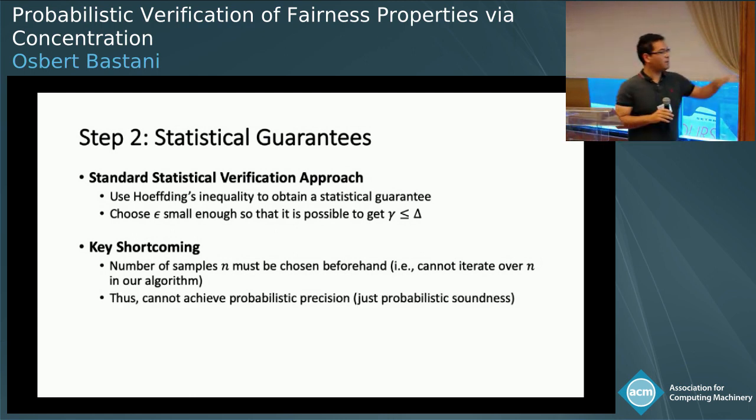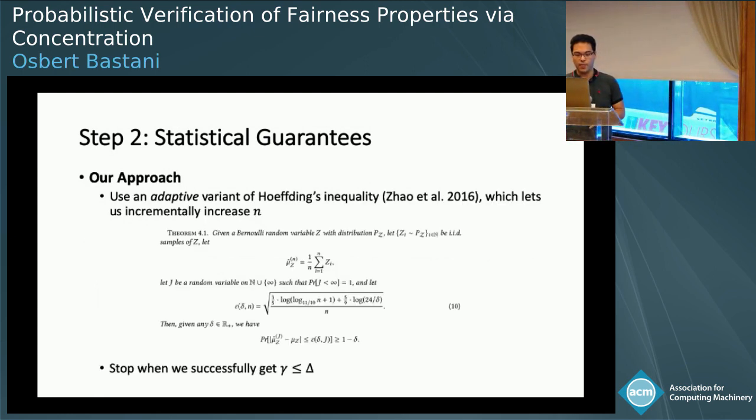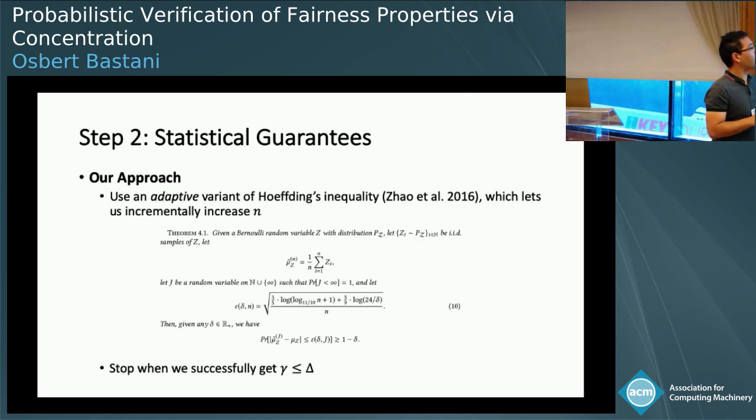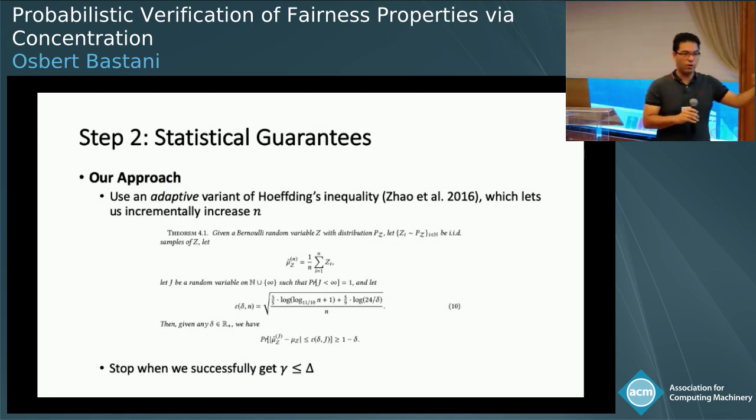And as a consequence, we can't achieve probabilistic precision because we can't know ahead of time how many samples we need to achieve both probabilistic soundness and probabilistic precision. Therefore, we're going to use a much more recent adaptive variant of Hoeffding's inequality, which lets us increase n over time until we get a result that we're looking for.